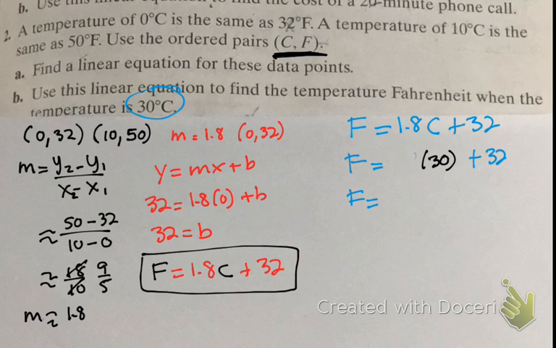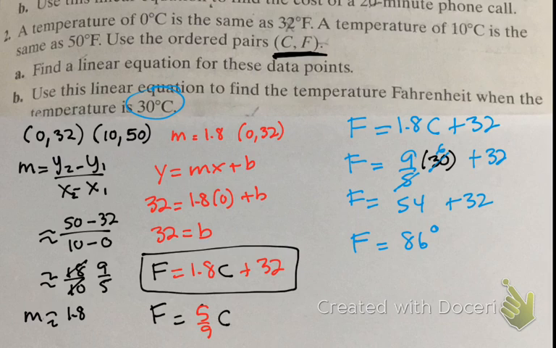Watch. 9/5 times 30, that becomes a 6, it's 54 plus 32. So the Fahrenheit is equal to 86 degrees. Now, you could have written it like that, or F equals 5/9 C plus 32. Either of these is correct.